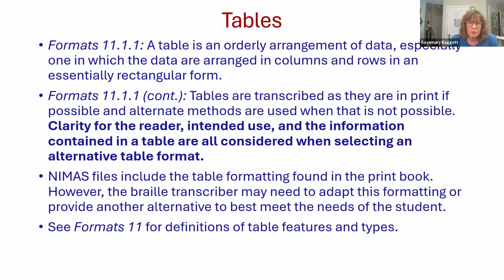Both Braille Blaster and Braille 2000 have some conversions, but sometimes, as you'll see today, there are things that look a certain way in print, but maybe they don't need to be in a table. Or maybe they're not in a table, but they would be better served in a table. And that's where understanding from the perspective of the reader and the content, the educational material, is crucial for a transcriber. So we'll look at both kinds of tables today.